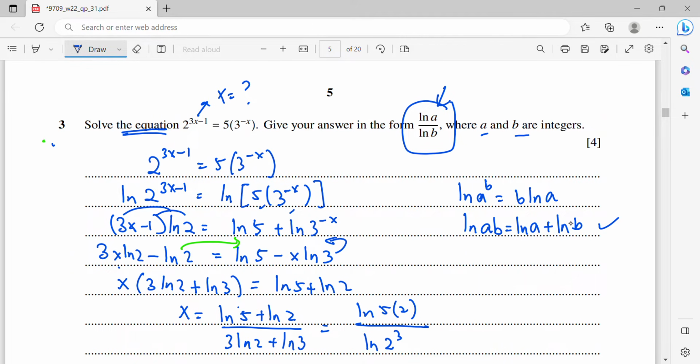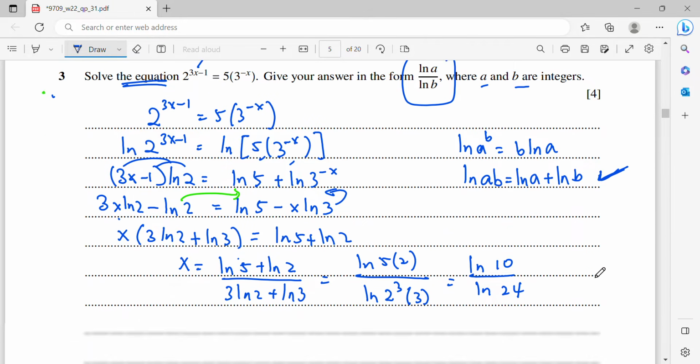But because of the plus, and again now use the same formula, becomes times. So here becomes ln 10 over ln 24. Okay, so here we found the A equals to 10, B equals to 24. Okay, so that's all for the question 3.